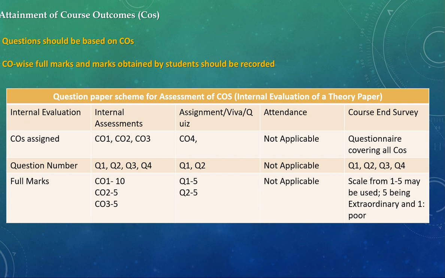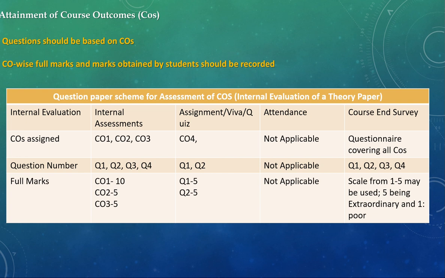For attendance, we are not supposed to consider the COs. For the course end survey, a questionnaire is presented to the students after the course, which covers all the COs. Next is the question number. Question number 1 was based on CO1, question number 2 was based on CO2, question number 3 was based on CO3, and so on.